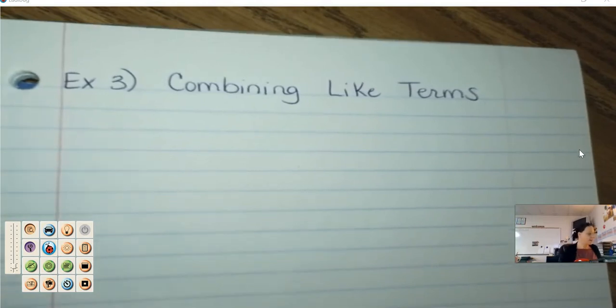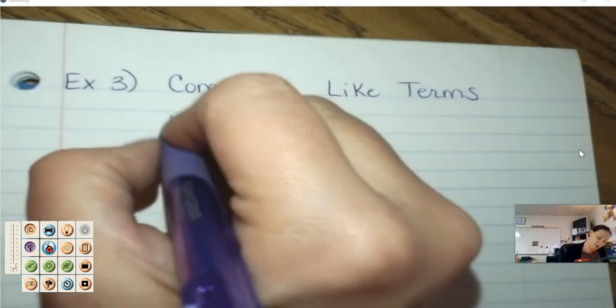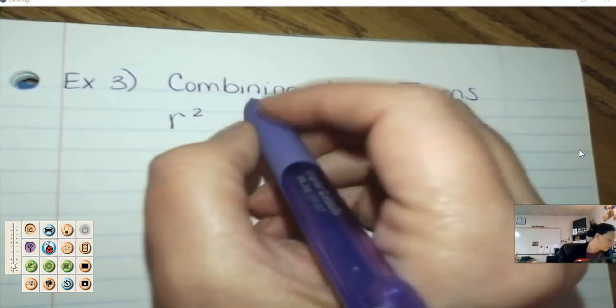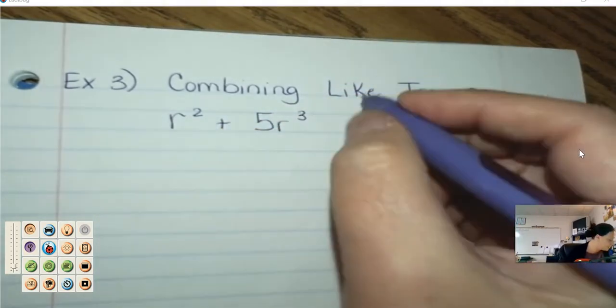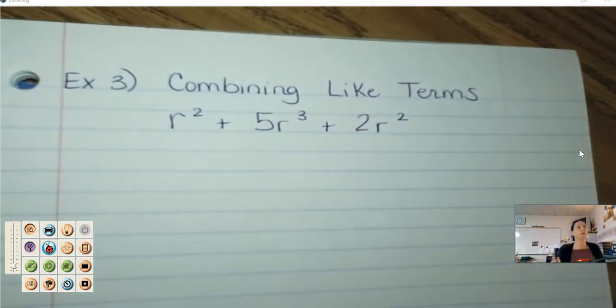So when you have something like r squared plus 5r cubed plus 2r squareds. The thing that's new for you is that you're used to combining like terms because we did this in the first chapter way back in August.